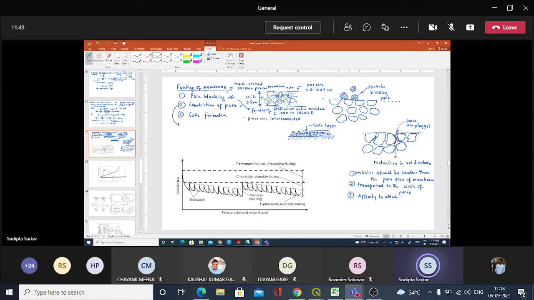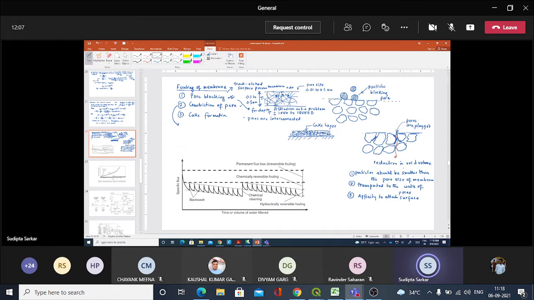Now, if the surface is not conducive for the attachment, it won't get attached. They will pass right through these pores.